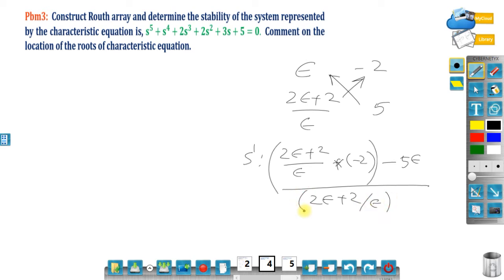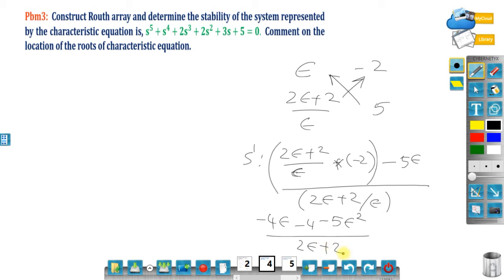divided by 2 eta plus 2 divided by eta. Okay. If you are multiplying this minus 2 with this equation, you will get minus 4 eta minus 4. Okay, let's take LCM over there, minus 5 eta square, right, divided by 2 eta plus 2. Is it right?